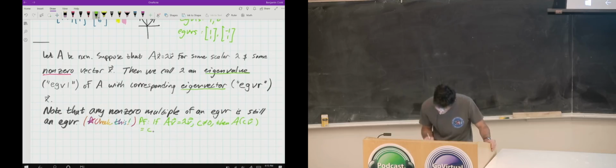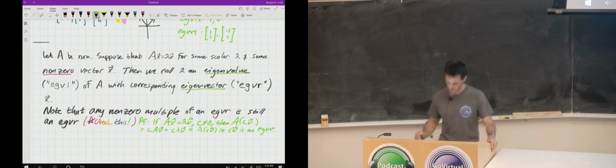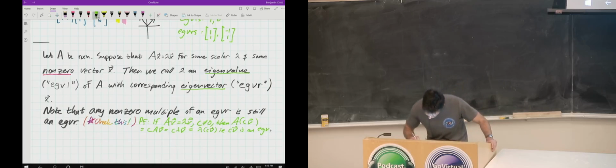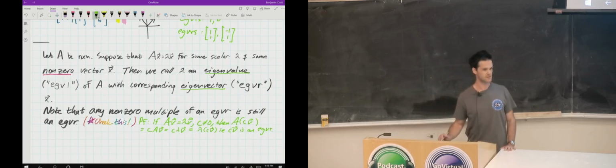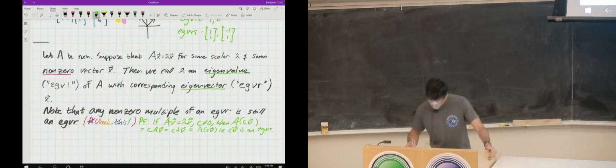Well, the c comes out in front, and that's A applied to v, which, as we just said, is lambda v, which is the same as lambda times cv, i.e. cv is an eigenvector. So there's a little proof that any multiple of an eigenvector is still an eigenvector corresponding to the same eigenvalue.